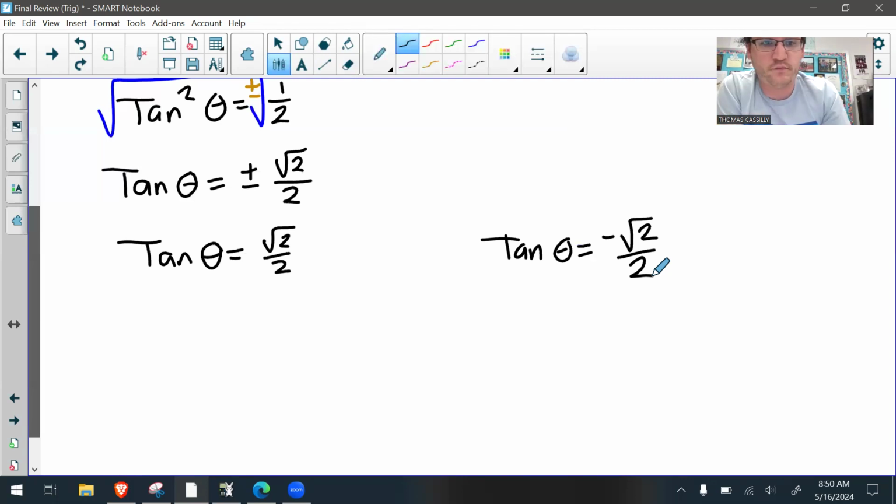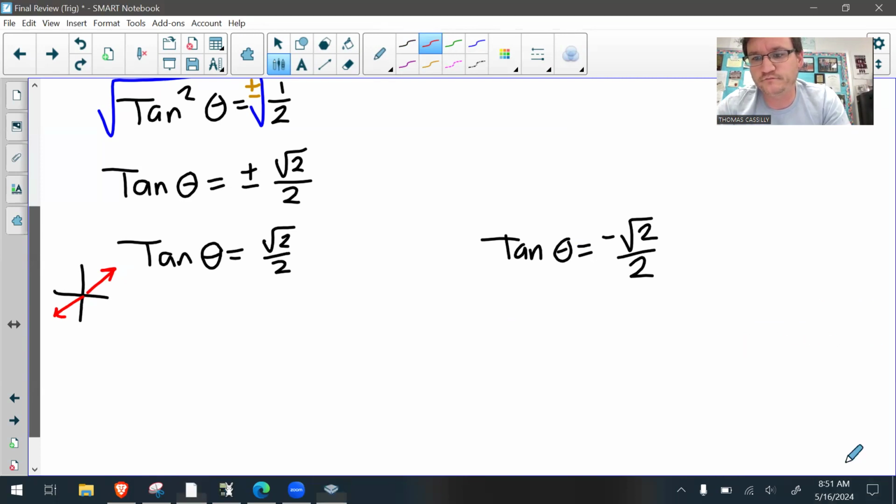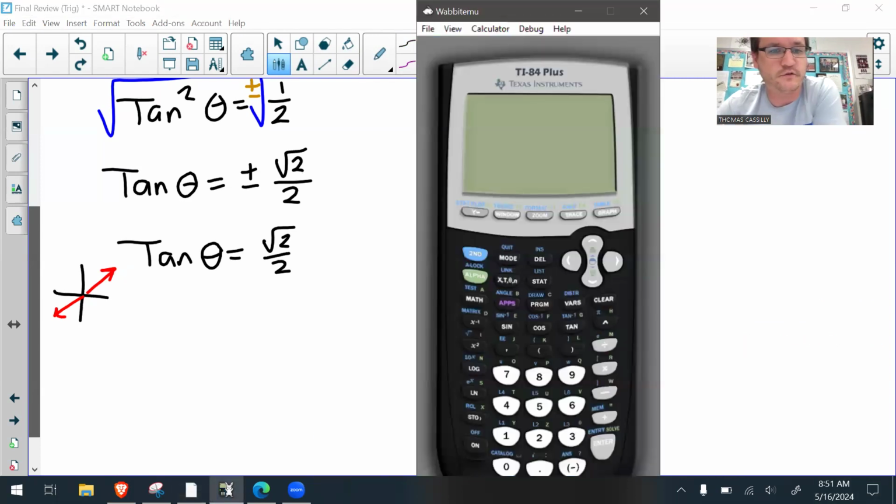All right, so on this problem, anytime you have one of these squared problems, there's a pretty good chance you're going to have 4 answers, right? So over here, we know tangent is positive in quadrants 1 and 3, right? So our 2 answers should be in quadrant 1 and 3. So I'm just going to punch this into the calculator. Let's see what comes up.